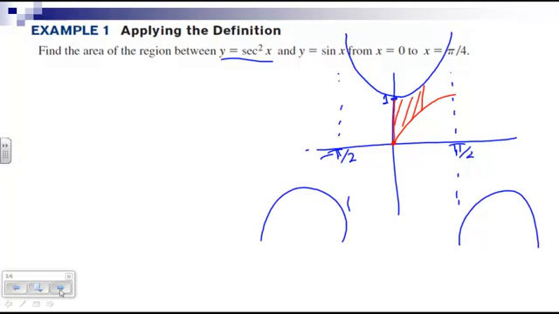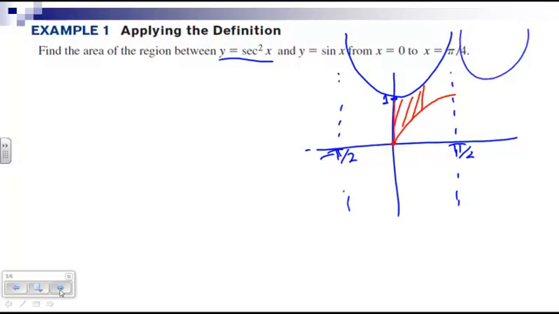The area between secant squared and, oh, I'm sorry, I drew secant, not secant squared. Secant squared is never negative. It kind of looks like that. All right.